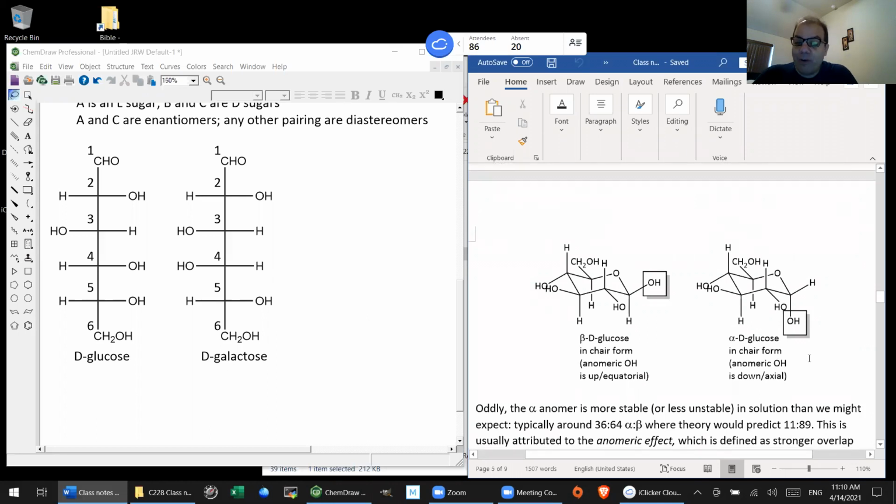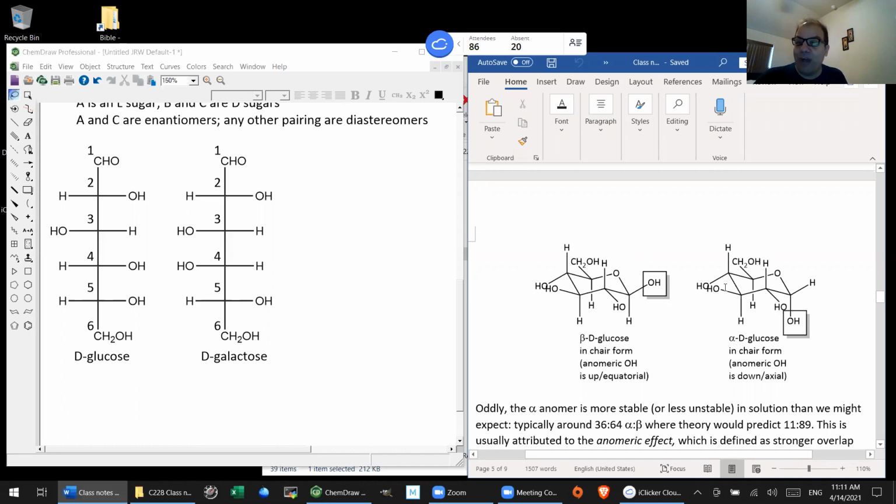But the chair forms will apply only to the pyranose forms, always, no exception. The chair forms will always apply to the pyranose forms, the 6-membered forms. And we can do those simply by replacing one of the CH2s in cyclohexane with an oxygen. And lo and behold, everything else is exactly the same.